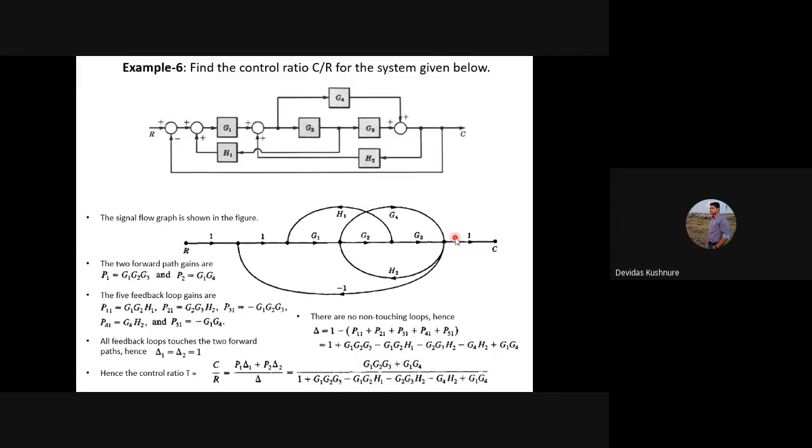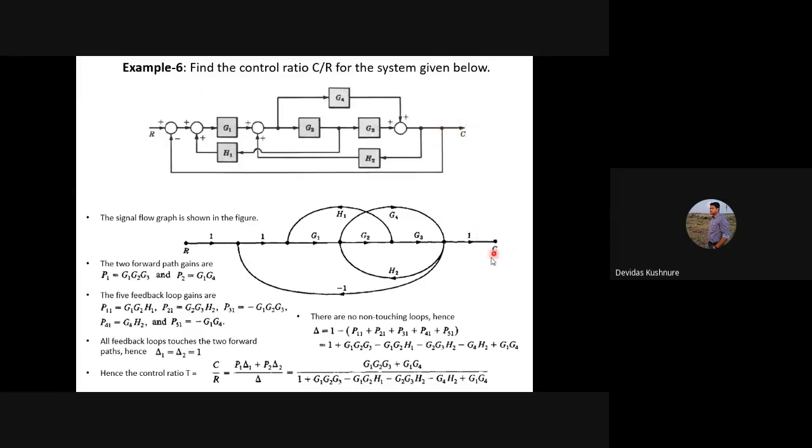So this is one more block diagram, and how it has been converted. You can see there is an input, output combination R and C. At this particular point, 2 signals are incoming. One is R and the second is coming from C, because here we have a difference. So it has been considered as 1.